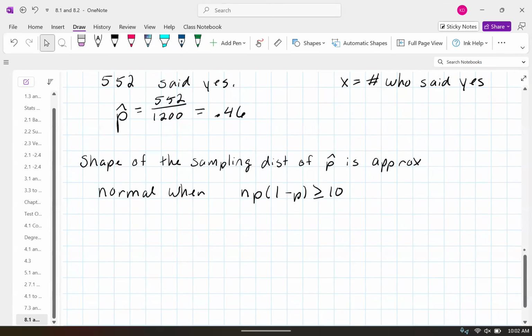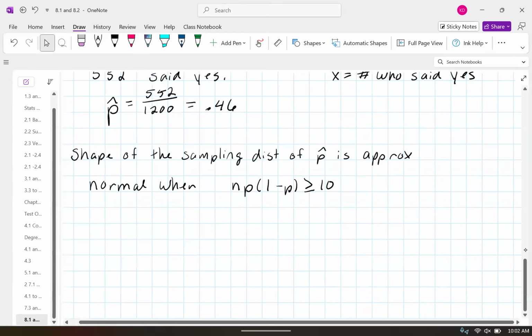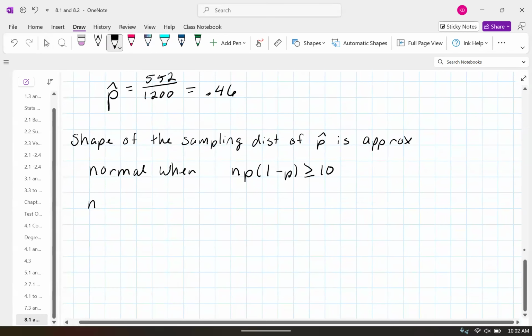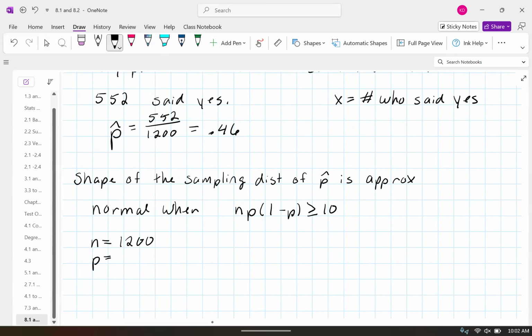So if we look at our previous example, let's use their n, and we were given p hat here. Let's say that actual p was 0.6, just to make it a little bit different.